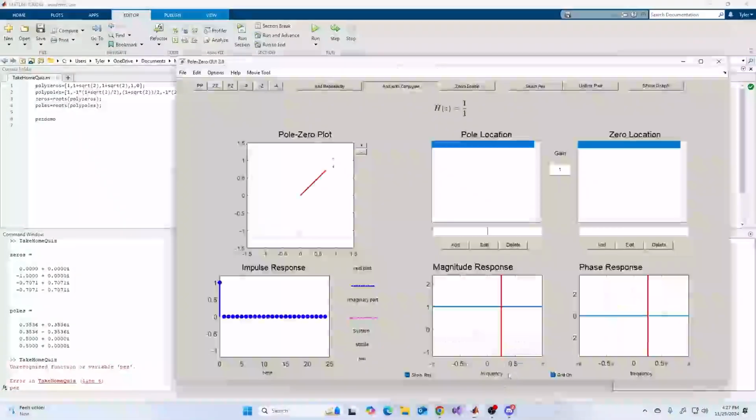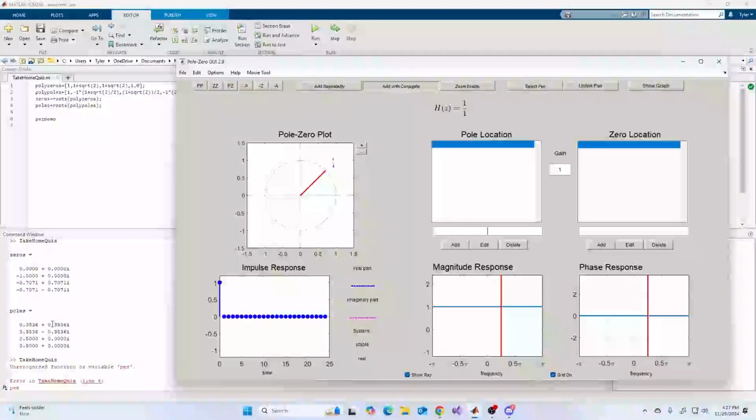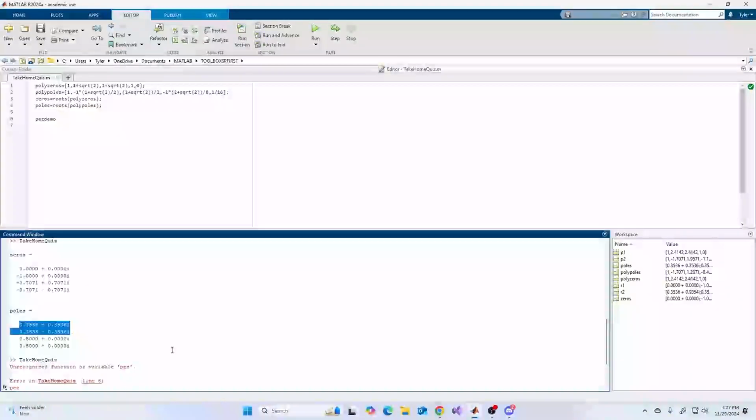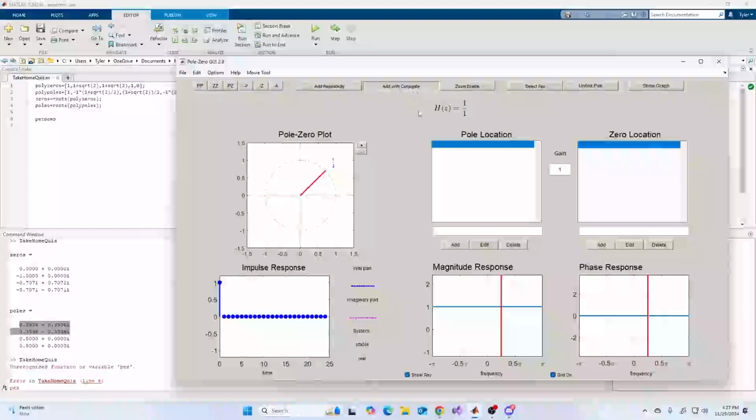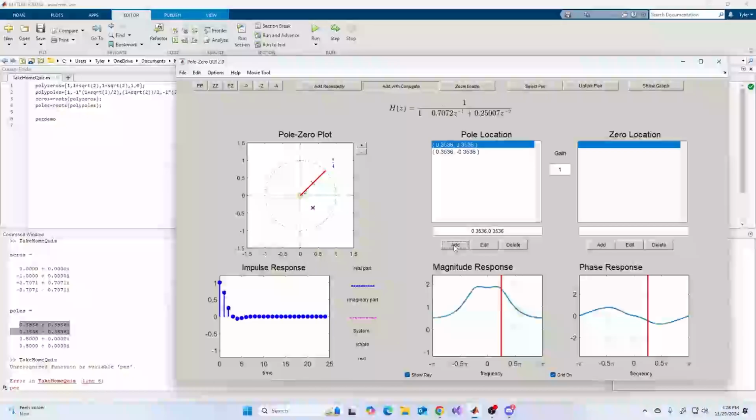Okay, for my poles, I have a pole at 0.3536 plus 0.3536, and then I have the conjugate of that, if you can see here. So I'm going to add it with the conjugate: 0.3536 comma 0.3536, and I'm going to add it, and see, it gave me the conjugate.